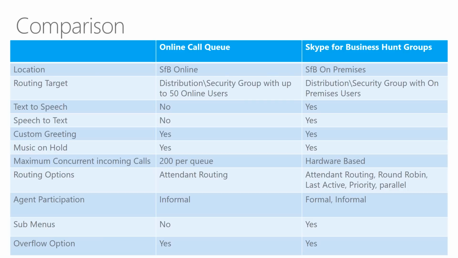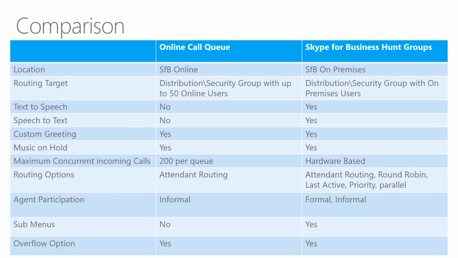Skype for Business hunt groups go to distribution and security groups with on-premises users. Most of the features are self-explanatory. The maximum concurrent incoming calls is capped at 200 for the online call queues, and the on-prem hunt groups are really based on the power of the hardware that you have assigned.